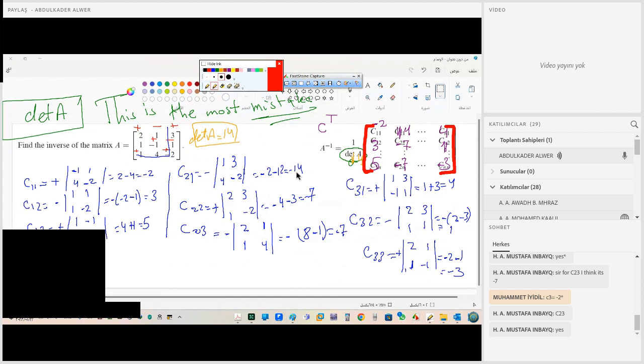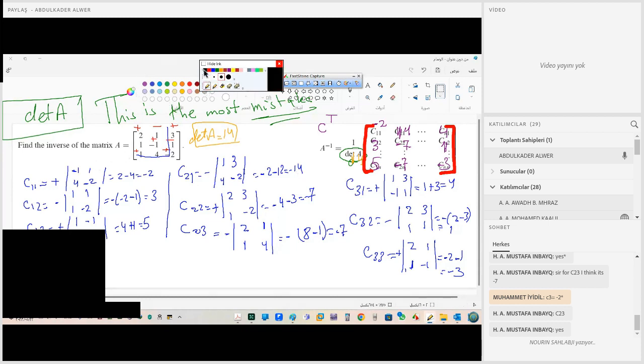We said this is the main method. At that time, result was a number. Here result is a matrix. Take care what we are talking about. In two lectures before, we talked about A as a determinant, so result should be a number. Here we are talking about inverse, so result should be a matrix. We have something the same, but here as you see, we don't have multiply.